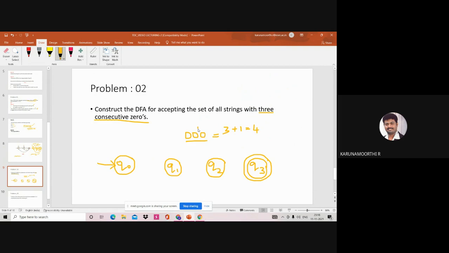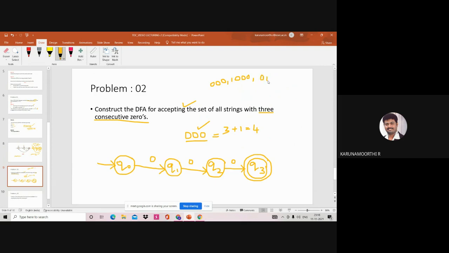Right. The first string is 000. Now, the first string of the given question, 000, is accepted. Then, according to this question, what strings are possible to generate? The first string is 000. It is right. Again, 1000 is also possible.